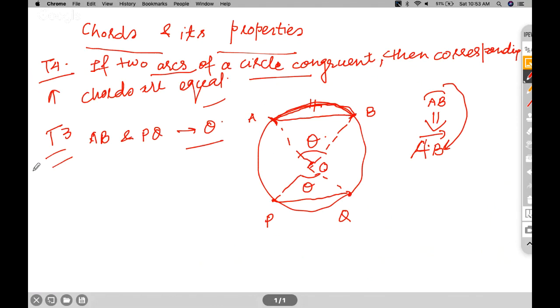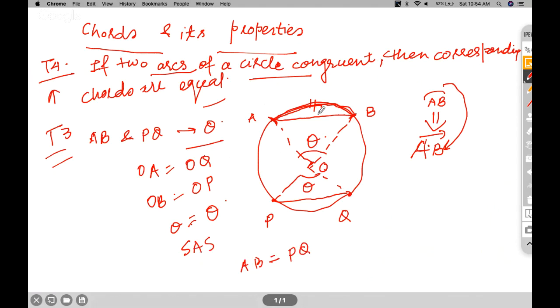Now, how do you prove it? You have to prove the same thing, that SAS congruency would be here. So I write OA is equal to OQ, OB is equal to OP, and theta is equal to theta, angle AOB. So by SAS congruency, AB comes out to be equal to PQ.